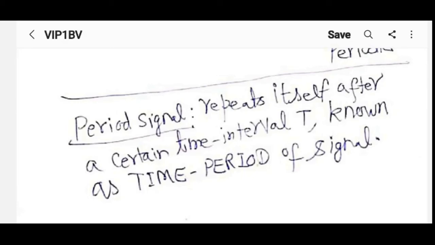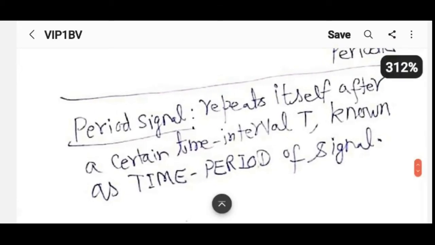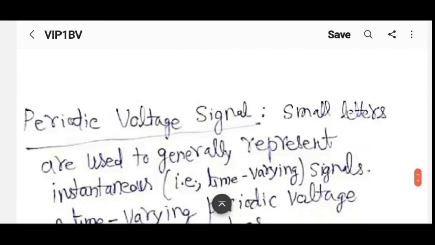A periodic signal, whether it's current or voltage or power or even energy, is one that repeats itself after a certain time period, capital T, which is known as the time period of the signal. We have been taught all this, so it's a brushing up that's going on.